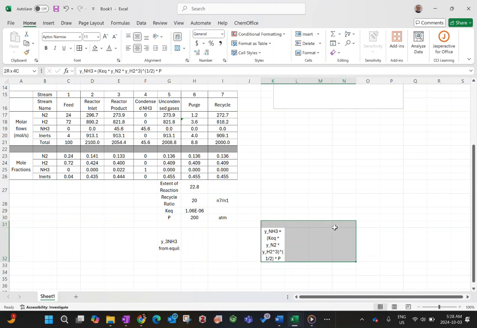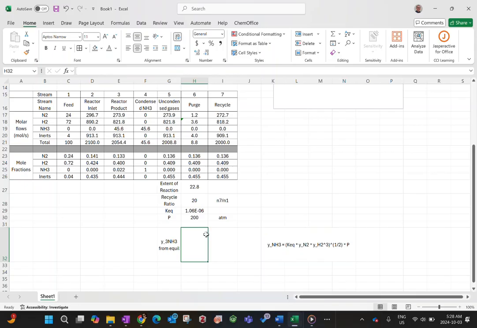So let's do it as a function of our values in the table. This is KEQ times YN2 times YH2 cubed, and this is all to the 1/2 power.